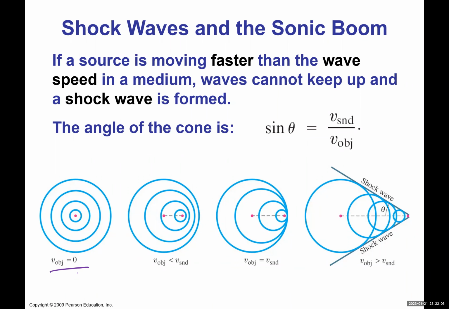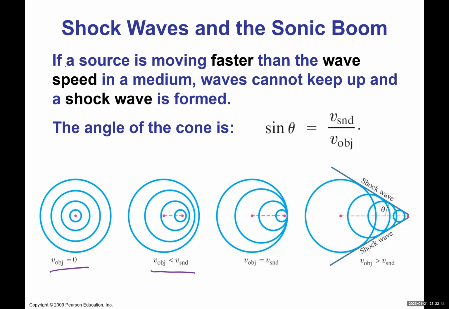If the object is moving, with the velocity of the moving object less than the speed of sound, we get the Doppler effect, until at some point the velocity of the object equals the velocity of sound, or sometimes even exceeds it. And that's what we have right now.